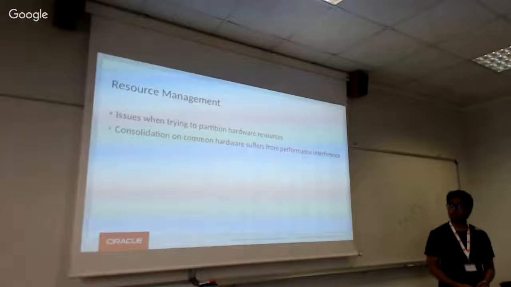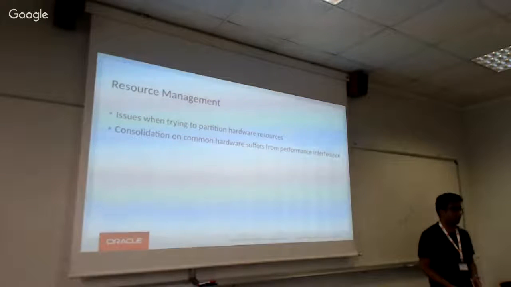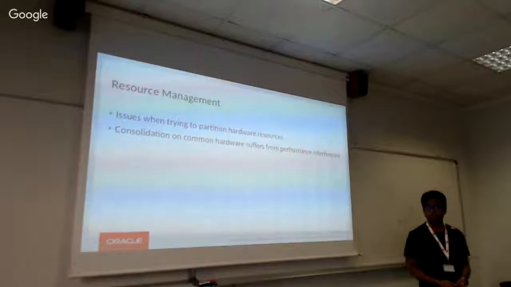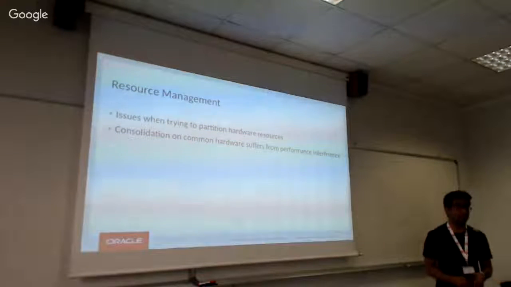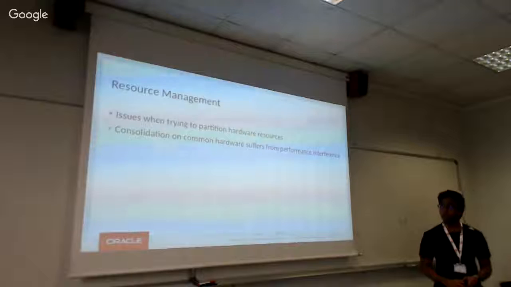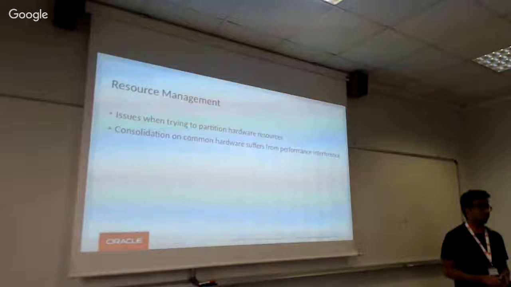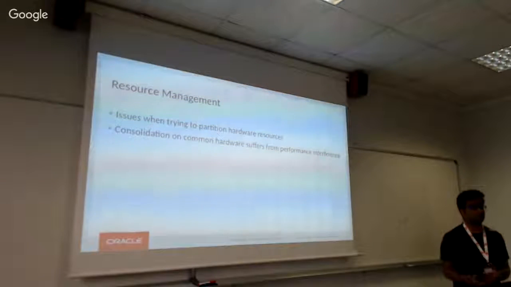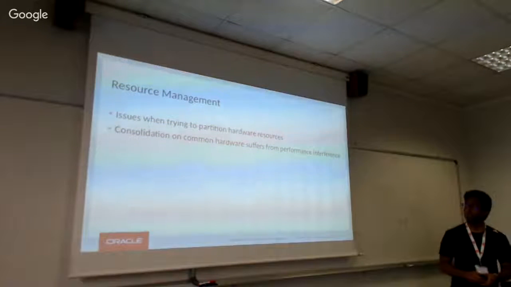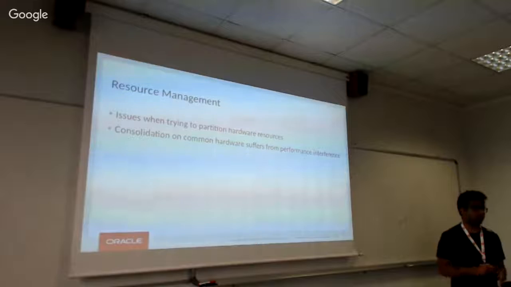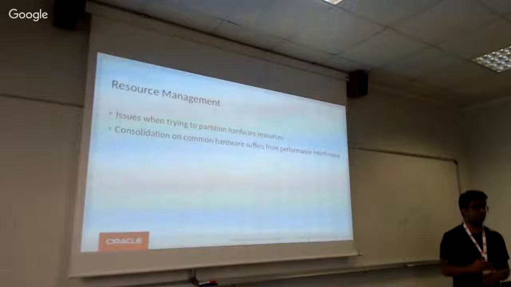So there are issues when we're trying to partition hardware resources. The application in this case is Oracle database, which uses pluggable databases to provide multi-tenancy. Pluggable databases are basically the containers of the Oracle database world. There are issues when consolidating on common hardware, which is to get performance isolation while still utilizing the hardware to the maximum.